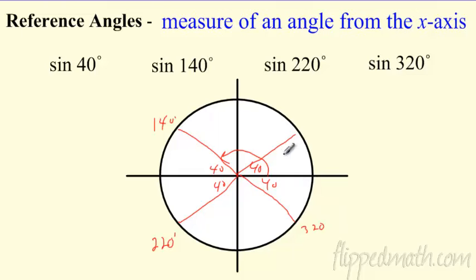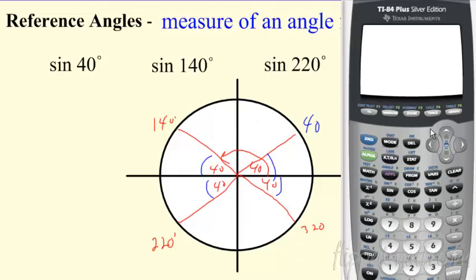So when we're talking about the reference angle, we're talking about this distance to the x-axis. So all of these have a reference angle of 40. And why is that important? Well, I want you to take the sine of these things. What is the sine of 40? Compare that to the sine of 140. That's pretty interesting. Compare that to the sine of 220.